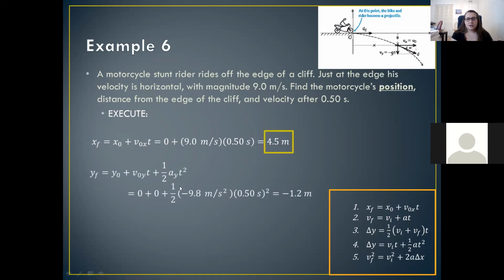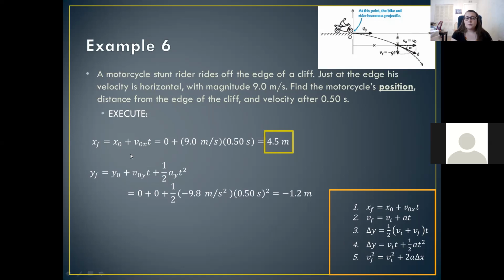In the y direction, we're going to use number 4, but instead of delta y as you see in the equation in the box, I broke that apart to be y final and y initial. So y final equals y initial plus initial y velocity times time plus 1/2 y acceleration times time squared.